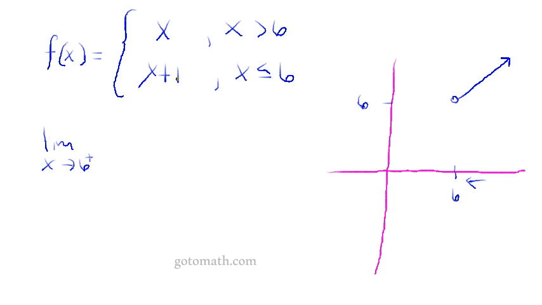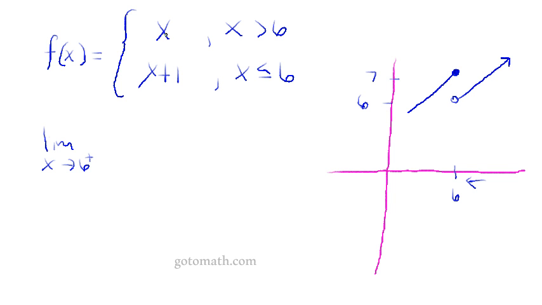And then we have x plus 1, and that's going to be at 7, plugging 6 into here. 6 plus 1 is 7, and then it's a closed circle, and of course it's got a slope of 1. These should both be parallel lines, and it doesn't look like it's to scale here, but anyway, this is what we're looking at, and we're trying to find the limit of this guy here.